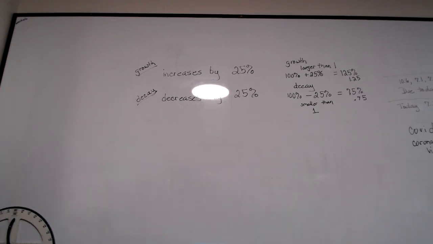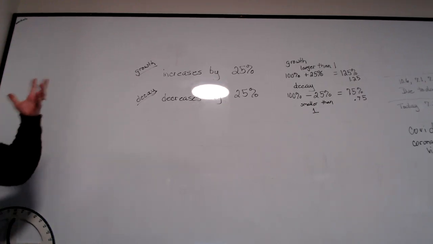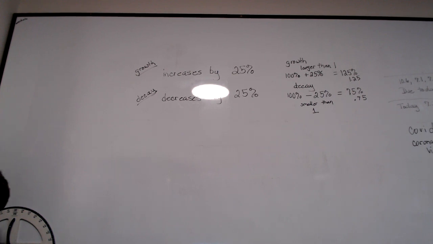If I increase something by 5, I'm adding 5. If I decrease something by 10, I'm taking 10 away. If I decrease the amount of M&Ms in the bowl by 10 because I ate them, I subtracted 10 from the bowl. So that's why you have to remember what increase and decrease mean, because those are the words that we're using.